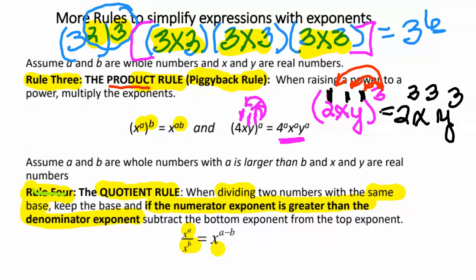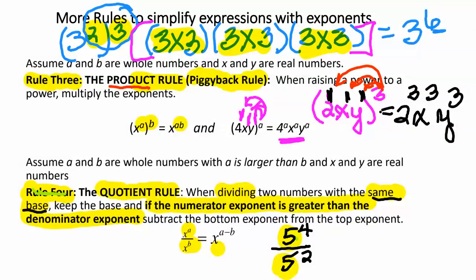Now let's give you an example. I have 5 to the 4th over 5 squared. Right away, this 5 is the same base. Notice that's what it said. Same base. Now I've got to watch.